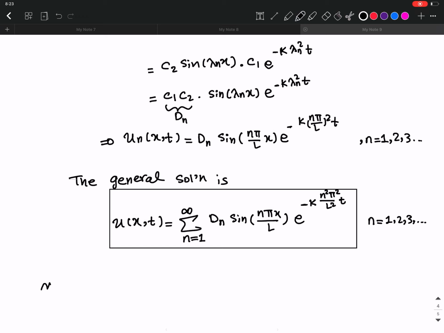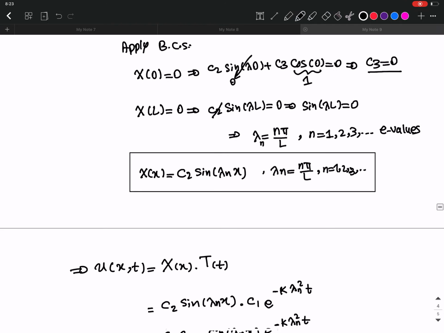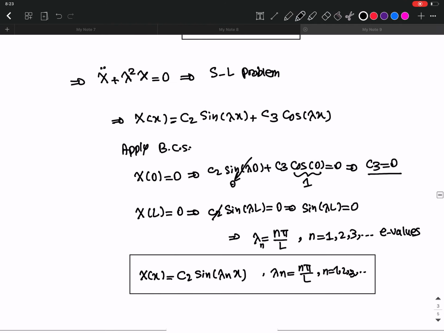Okay, so the next step is to find d_n from what? Initial condition, right?